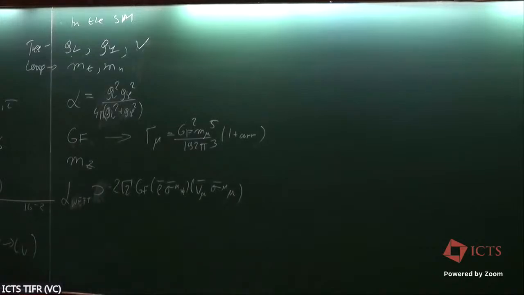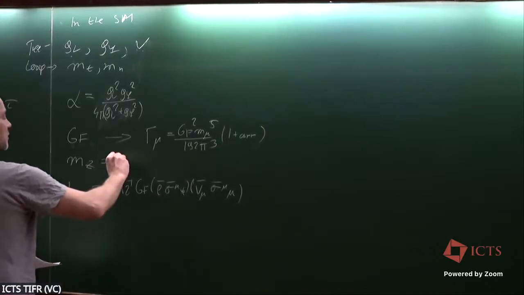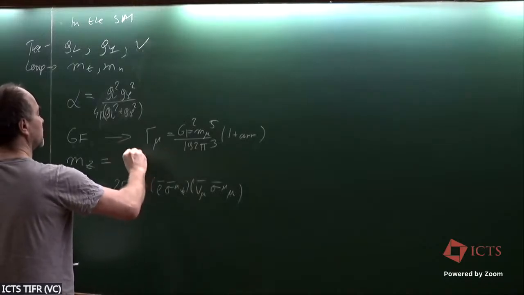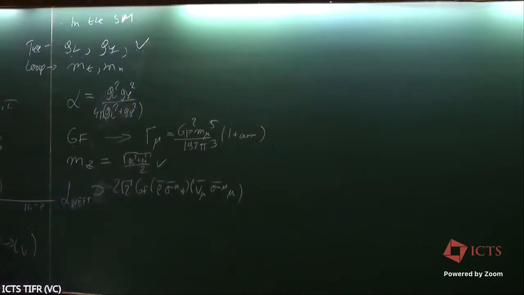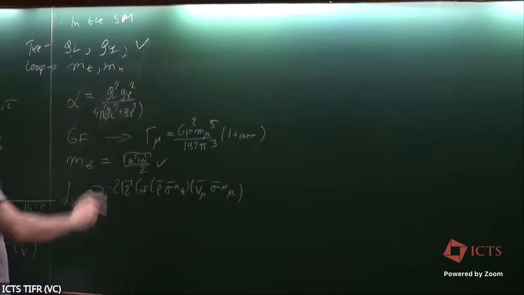Maybe just add that this is given by GL squared plus GY squared over 2 times V. This will allow me to calculate how GF is related to V.